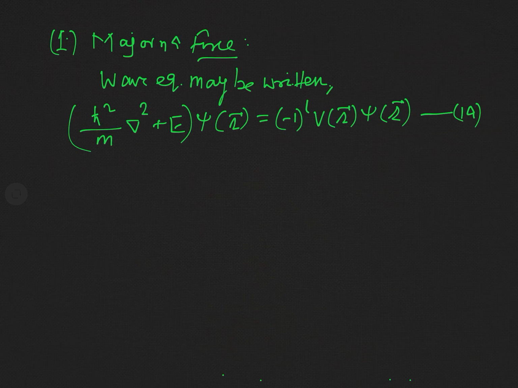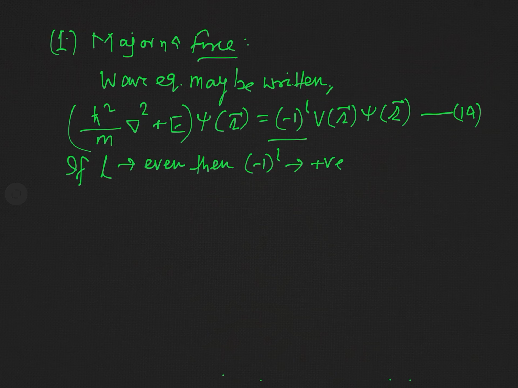You can see from this result that L is a number, in fact the angular momentum quantum number, and if L is even, then minus 1 to the power L will be positive.